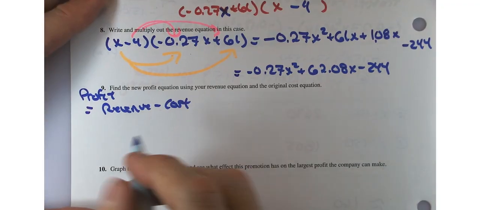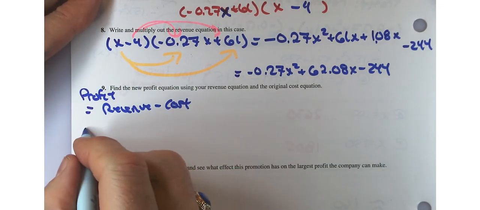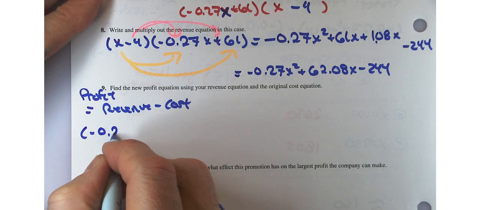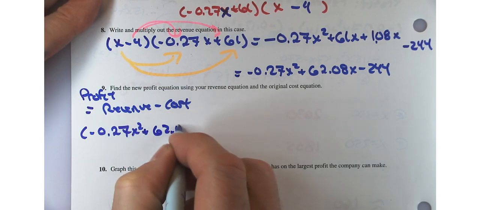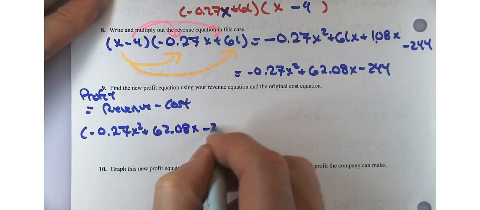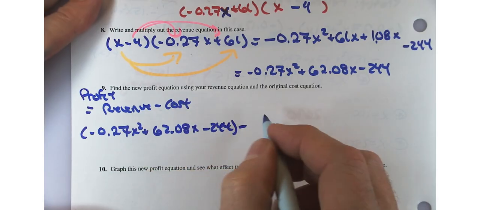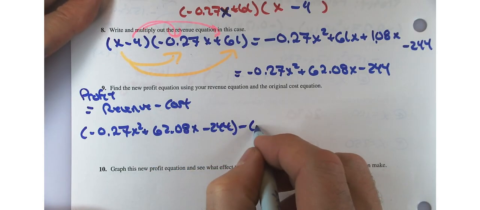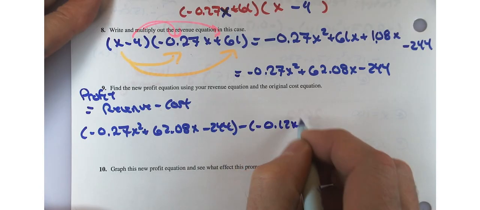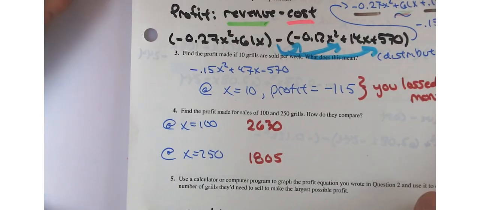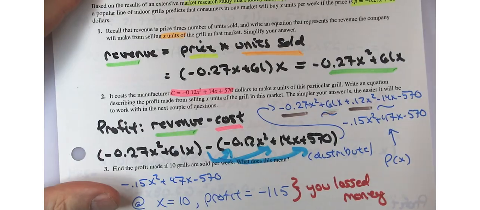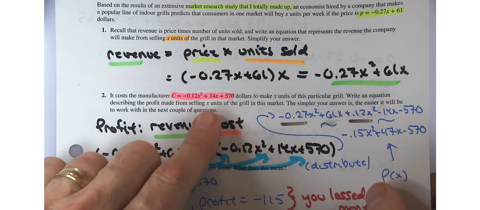And our revenue equation is going to be negative 0.27x squared plus 62.08x minus 244, minus the cost function, which was negative 0.12x squared. And I got to flip this over here, sorry. 14x plus 570.